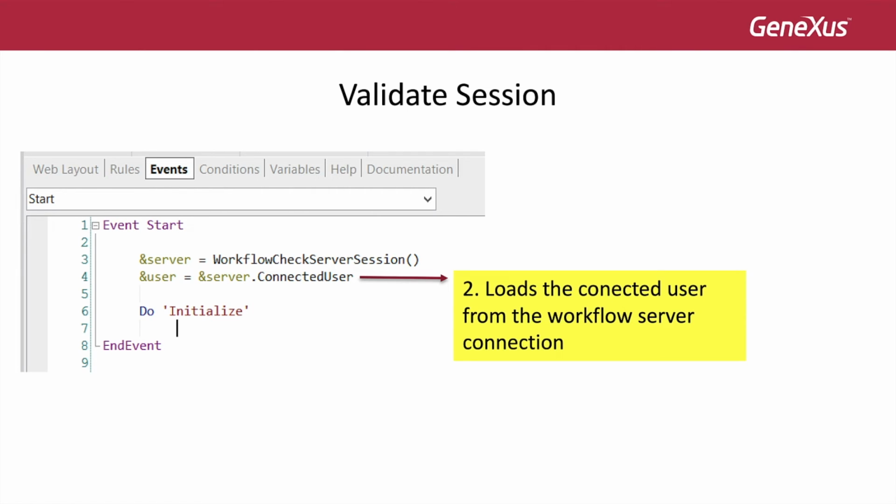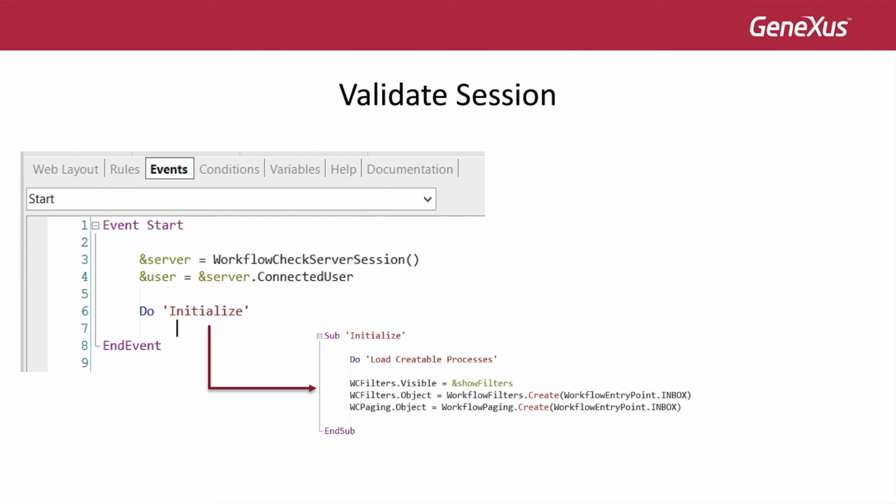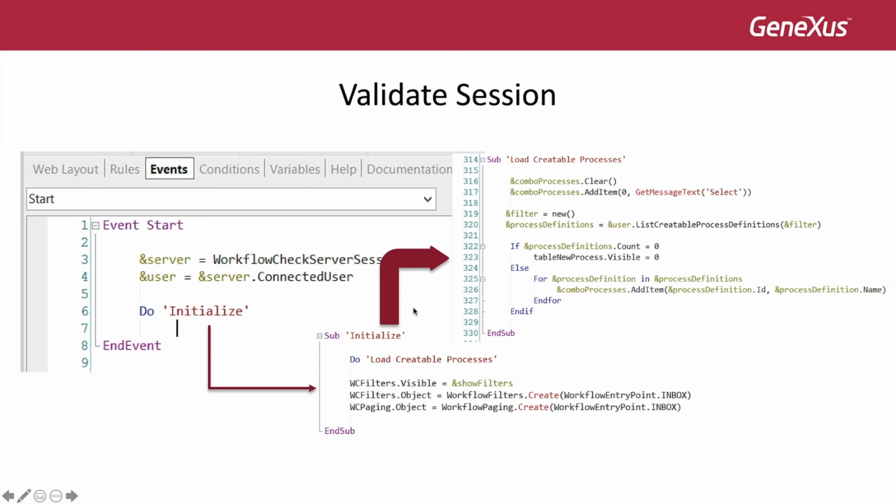After it has the GXflow server loaded, it will obtain the connected user from the GXflow server, and then it will initialize the web page. In this case, we are initializing the GXflow inbox, so it's going to load all the created processes in the combo box that we have seen during execution.